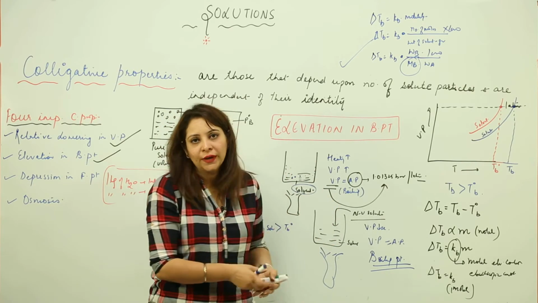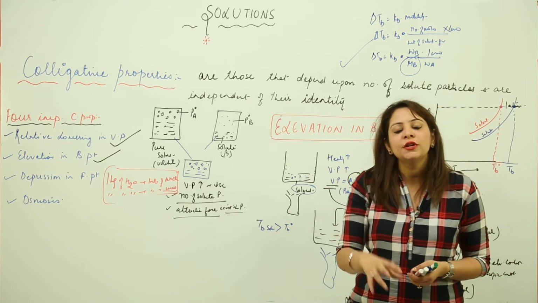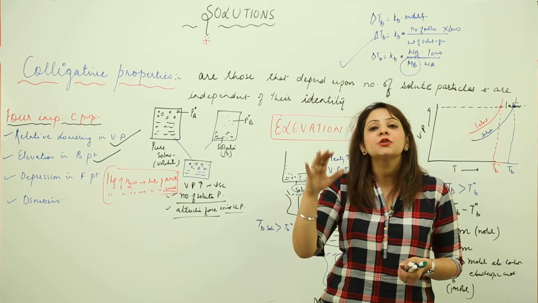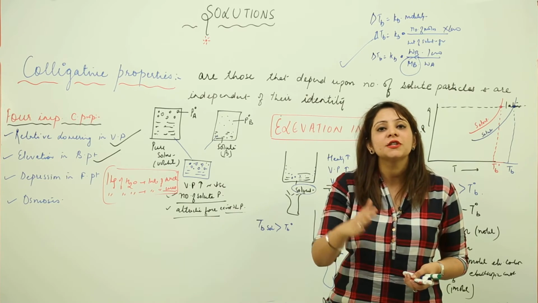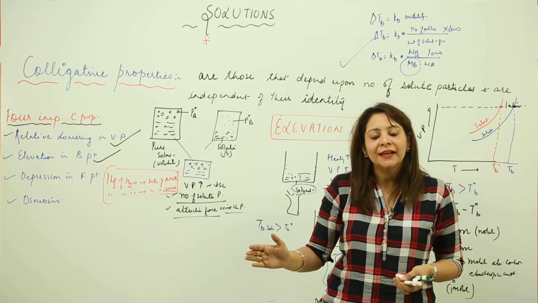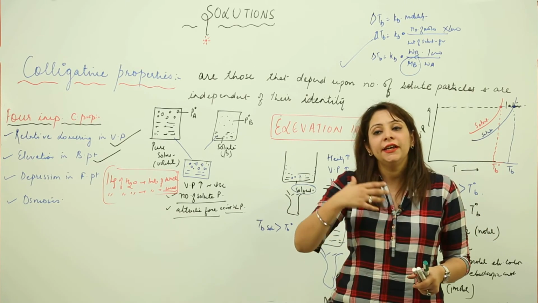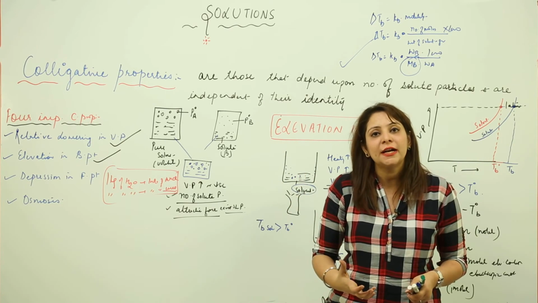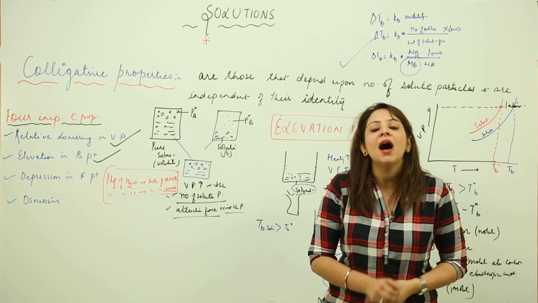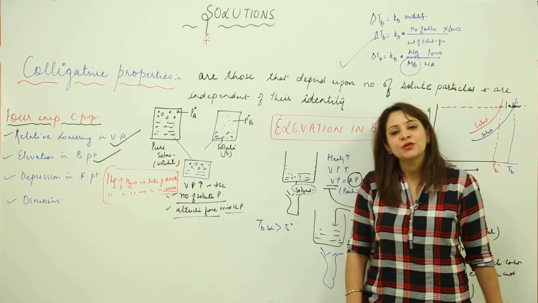Whenever a non-volatile solute is present in a solvent, it decreases the vapor pressure, and boiling occurs when the vapor pressure becomes equal to the atmospheric pressure. So we need to supply more heat, and it will take more time for the vapor pressure to become equal to the atmospheric pressure. So our boiling point gets elevated. That is the elevation in the boiling point.